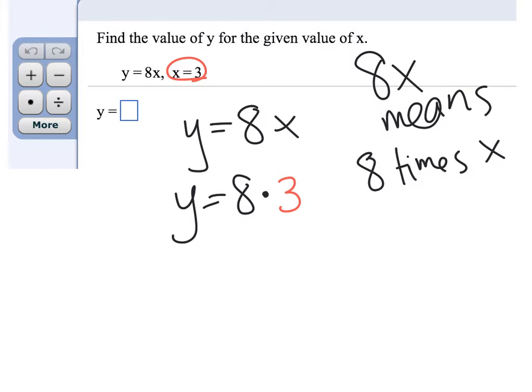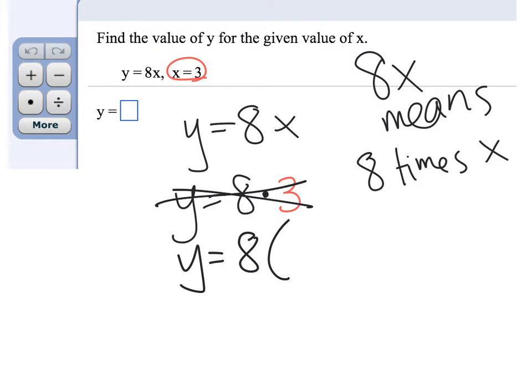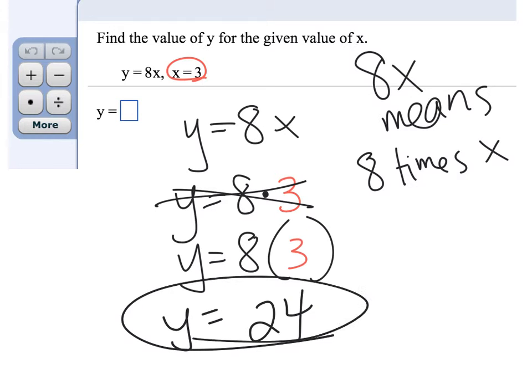Now, I used a dot to indicate multiplication. If I wanted to, I could have said y is equal to 8 parenthesis 3. That means the exact same thing. These two lines would have meant the exact same thing. And so 8 times 3 is 24. So that means y is equal to 24.